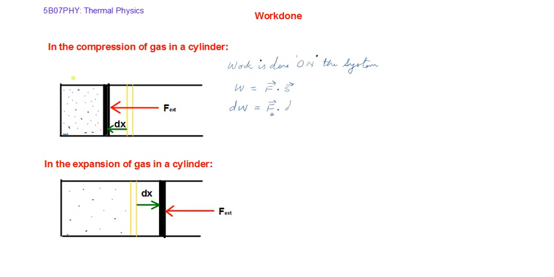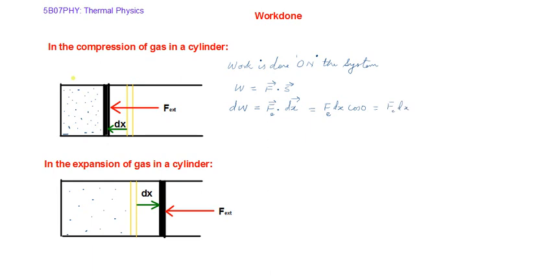In place of S here I have got dx, and you know this F external and dx are parallel to each other, both are to the left in the diagram, so the angle between them is 0. It is equal to AB cos theta. So F external dx cos 0, which is equal to simply F external times dx, since cos 0 is 1.